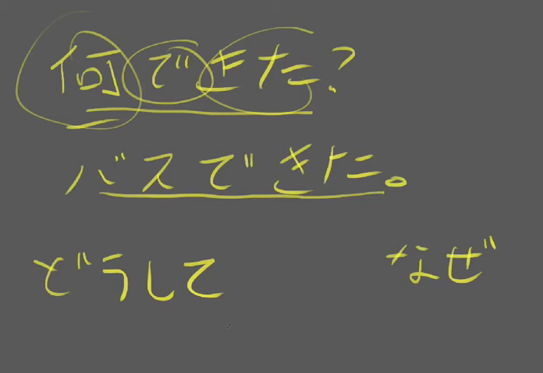And it is also written as this guy, but it is read as nande. Nande. This is a completely separate word and has nothing to do with the de particle.